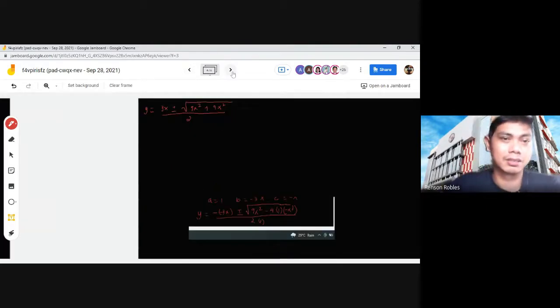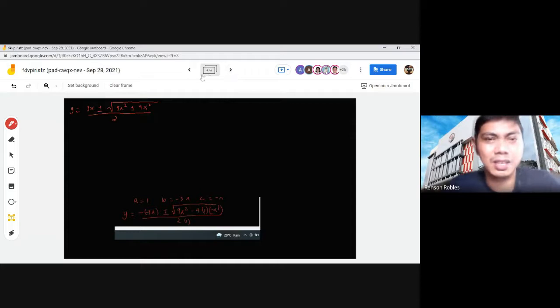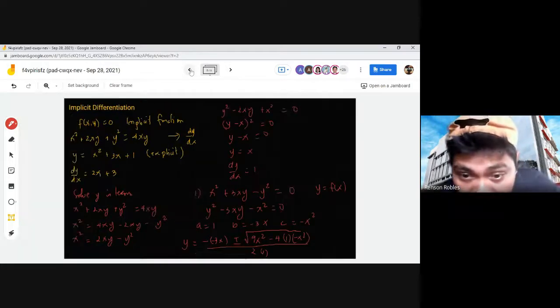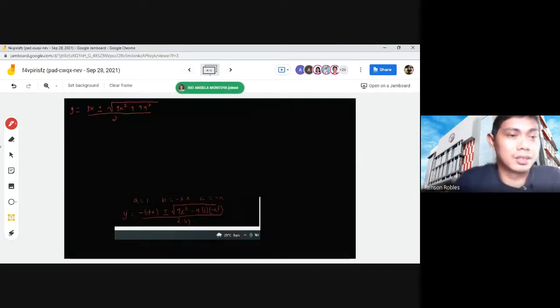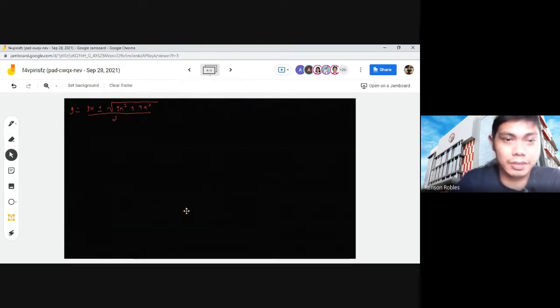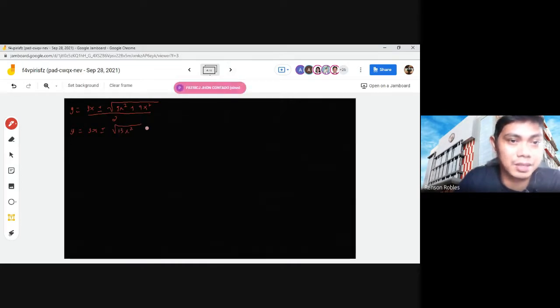Anyway, na-cancel din siya eh. I was thinking na hindi siya maka-cancel. Na hindi siya masisimplified pa. Anyway. So, ito yung mangyayari dyan. It just so happen na maka-cancel to. I mean, mako-combine ko to. Y equals 3x plus or minus the square root of 13x squared all over 2.